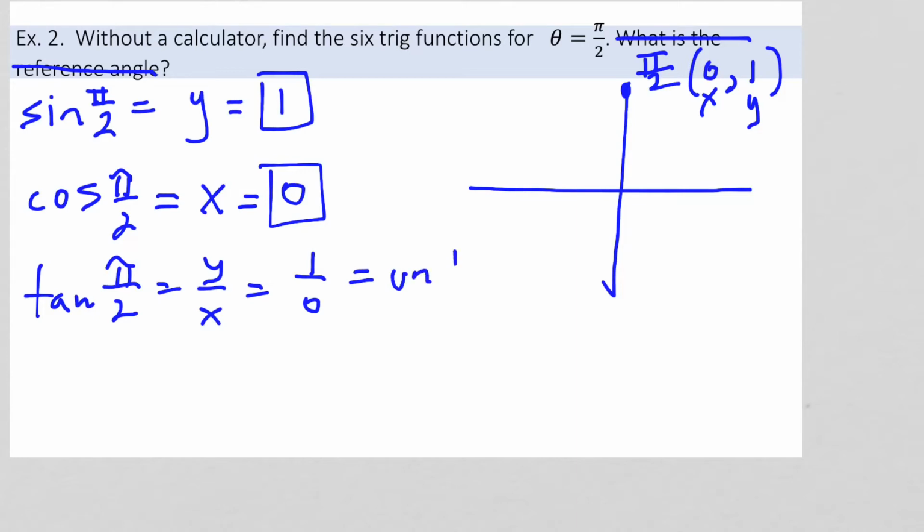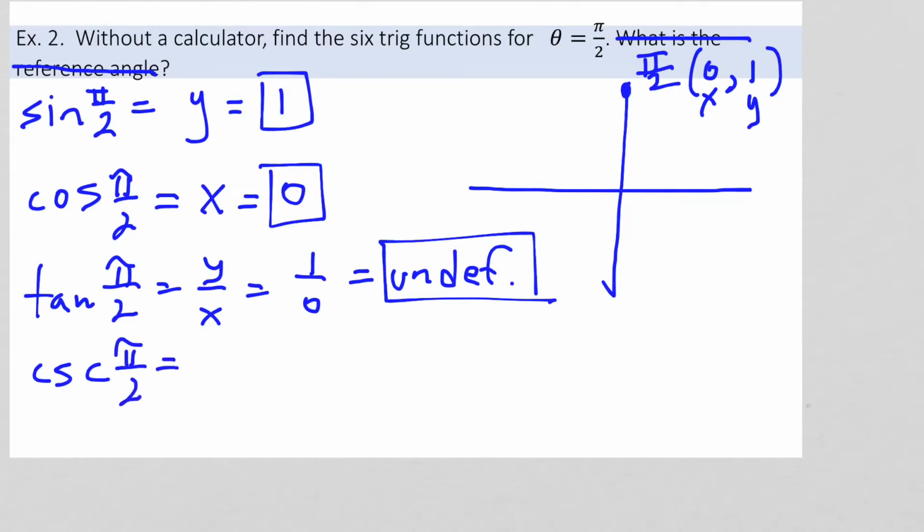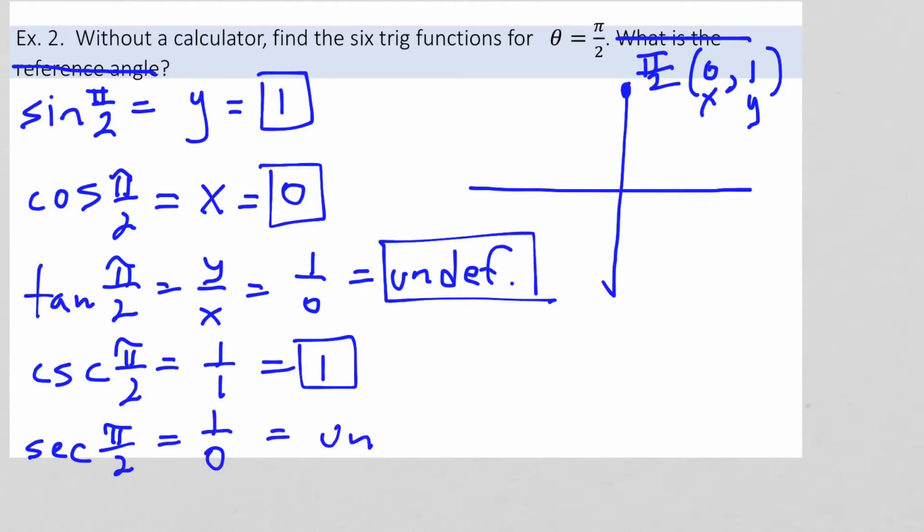With a 0 in the denominator, we say undefined. Tangent is undefined. All right, then the reciprocal of the sine is the cosecant. So that's 1 over 1, which is still 1. Then the reciprocal of the cosine is the secant. So that's 1 over 0, which is undefined as well.